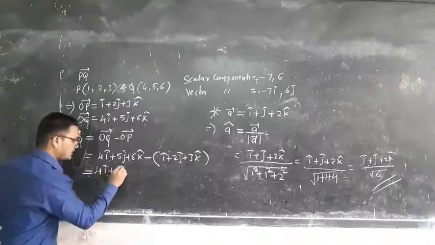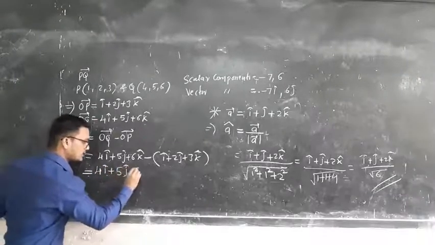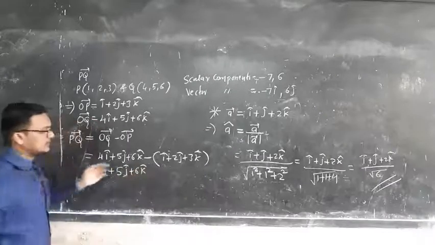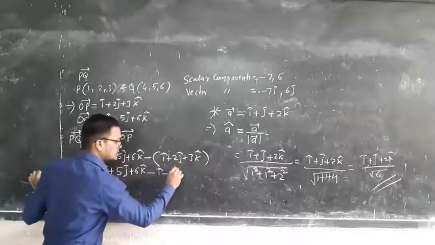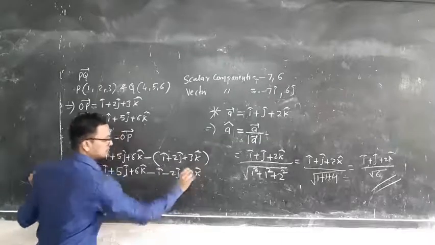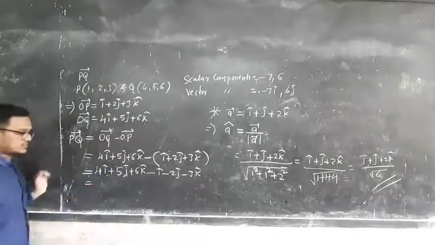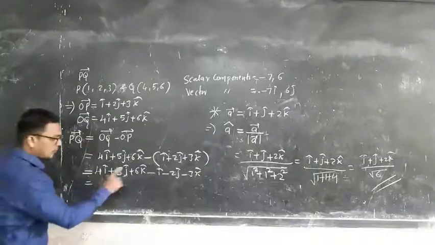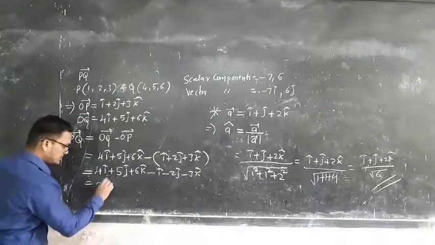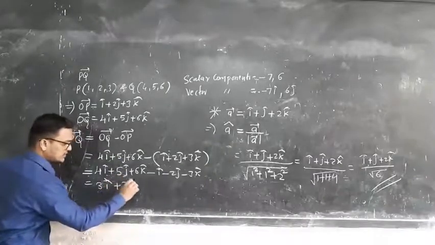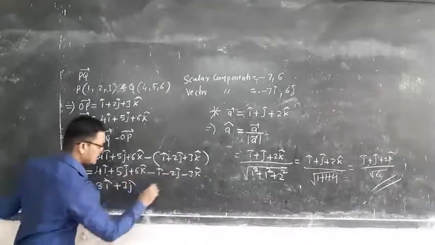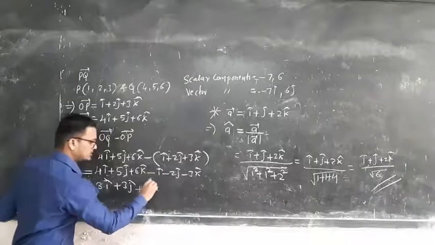Do the subtraction now. This is 4i plus 5j plus 6k as it is, and take the minus inside the bracket: minus i minus 2j minus 3k. So this equals 4 minus 1 is 3i, 5 minus 2 is 3j, 6 minus 3 is plus 3k.